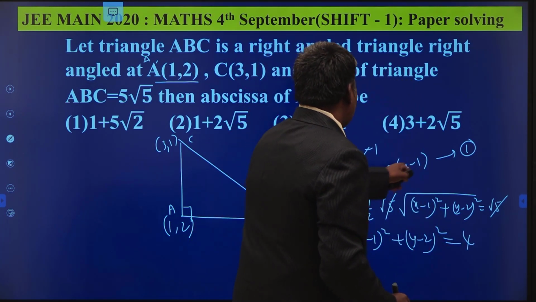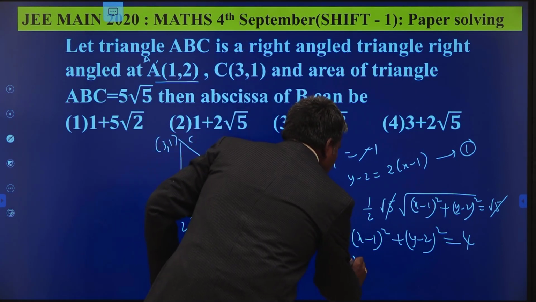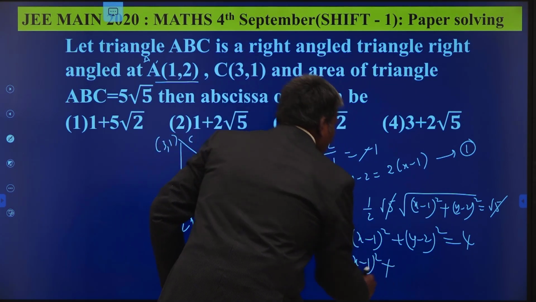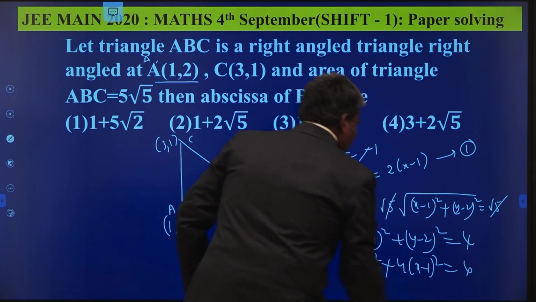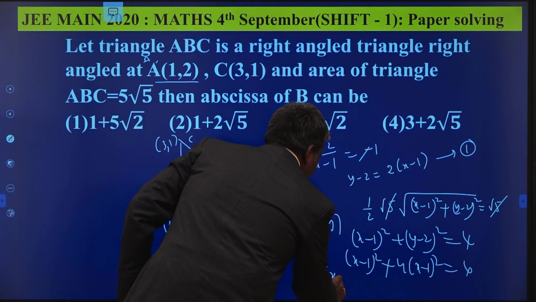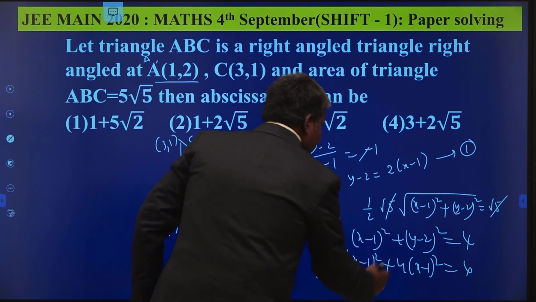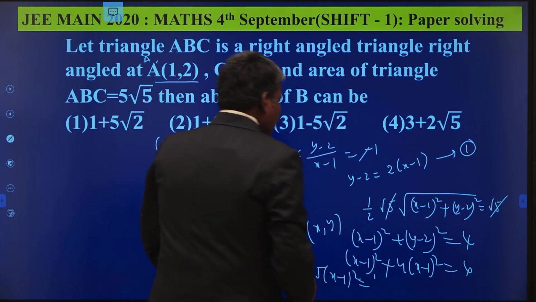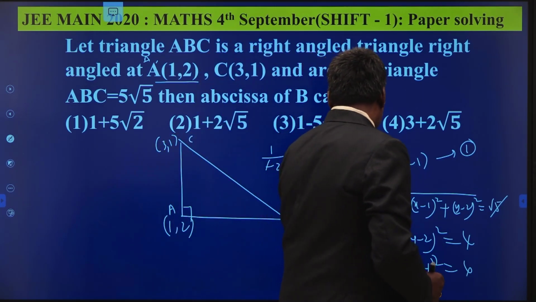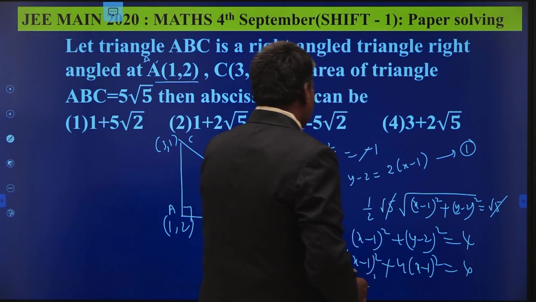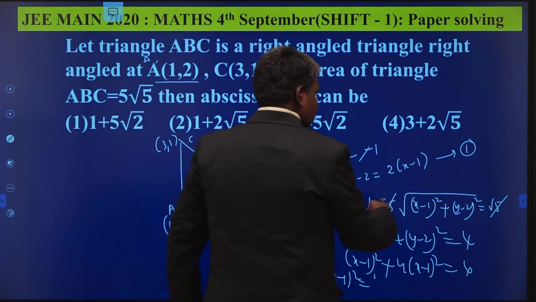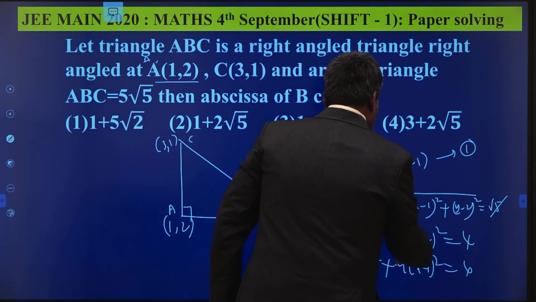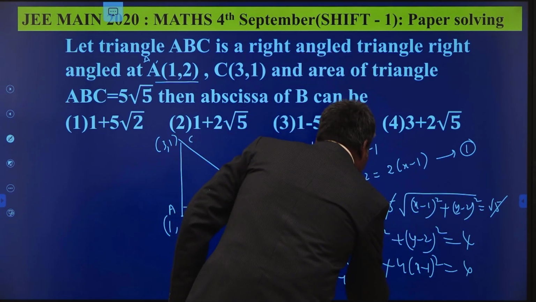Substitute Y minus 2 by 2 times X minus 1. X minus 1 whole square plus 4 times X minus 1 whole square is equal to 4. 5 times X minus 1 whole square is equal to 4.